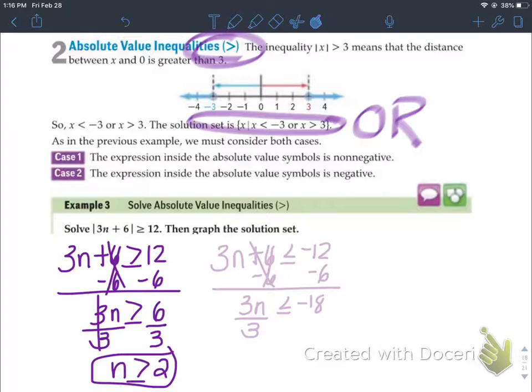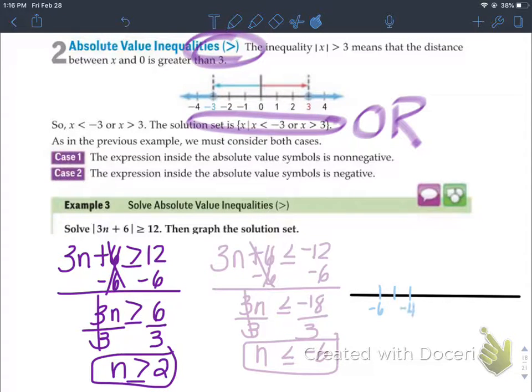Subtract 6, so 3n is less than or equal to negative 18. We don't need to do any flipping of the sign because we're dividing by a positive. So then we get n is less than or equal to negative 6. So now when I graph both of these over here on my number line, you'll see that they are graphed in the opposite direction. So we can see clearly that they are an OR problem.